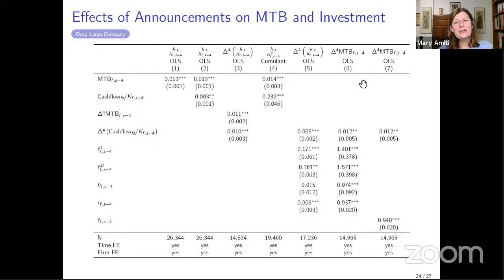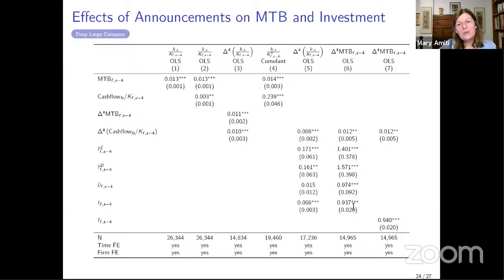But for our baseline calculations, what we're going to do is use column 6. Here we're just regressing the change in the market to book value on all of these components, controlling for cash flow. These are all the components of the abnormal returns.